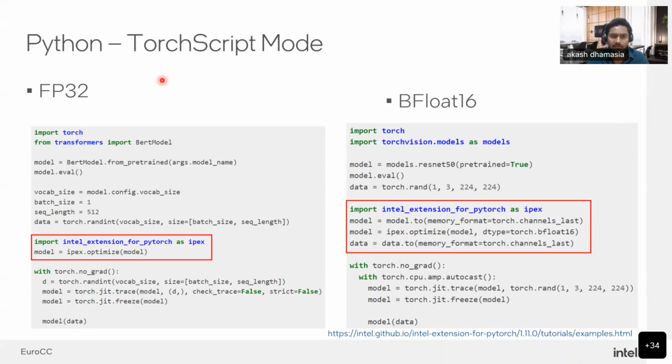So if your application is in graph mode, oneDNN can make your application much faster because of multiple other optimizations. What you need to do is use it as in imperative mode, but when you are actually inferencing, you just need to use jit.trace and jit.freeze, just 2 lines of addition, and you can use it in TorchScript mode.